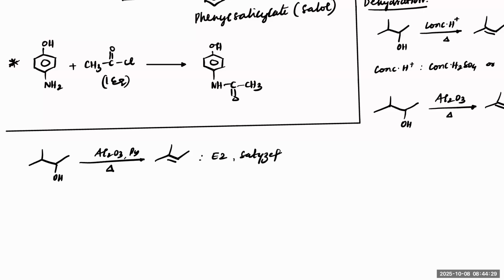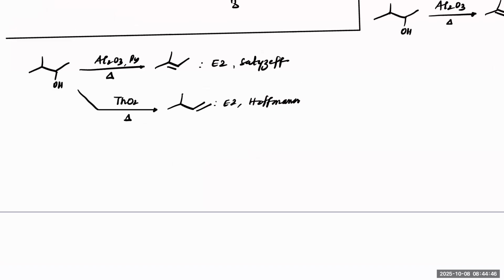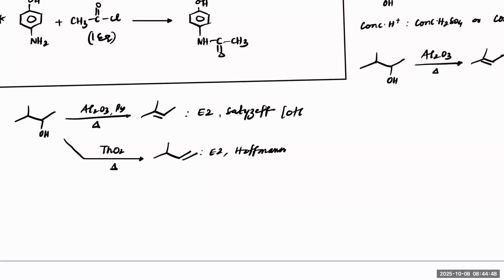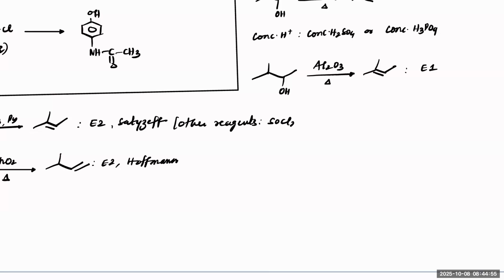And if you use ThO2 and heat, then you will get E2, but this time Hofmann as major product. Clear? For this, in a similar case, the other reagents include SOCl2 and heat, KHSO4 and heat, POCl3 and heat.